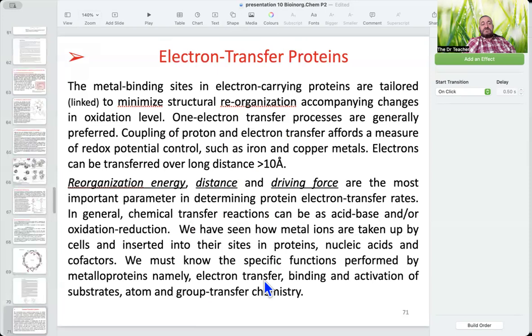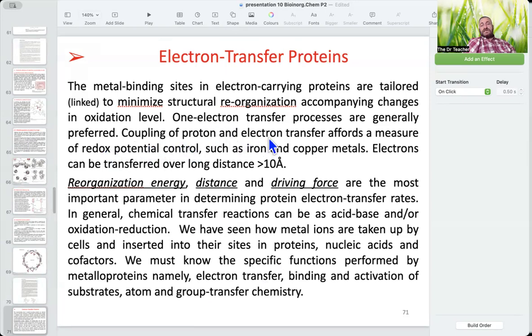Electron transfer proteins. Metal binding sites in electron carrying proteins are tailored to minimize the structural reorganizing accompanying changes in oxidation level. So transfer of 1 electron is generally preferred.